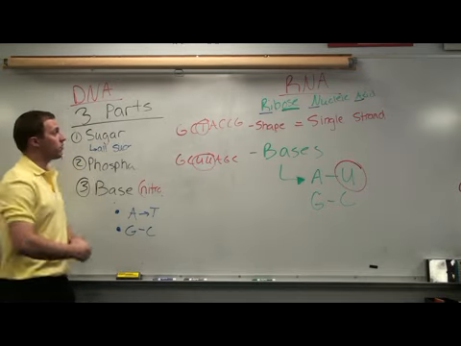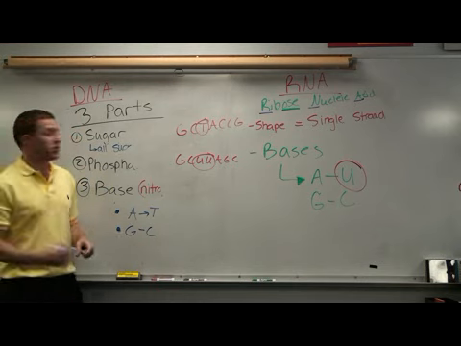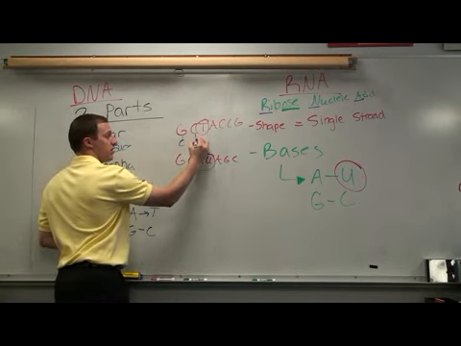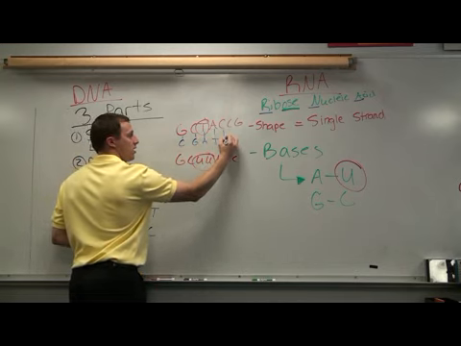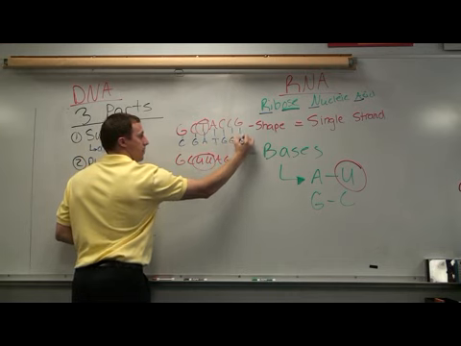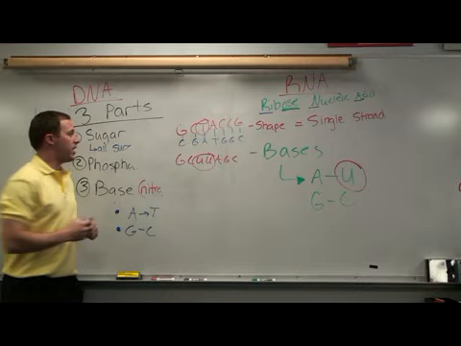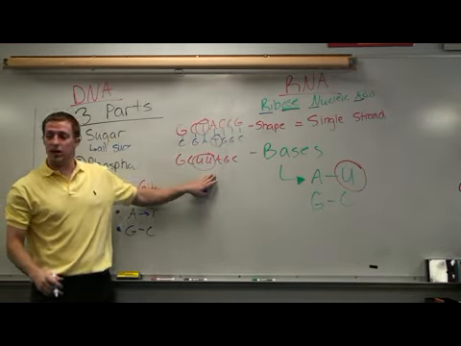And then what if they told you to write the complementary strand of the DNA? G pairs with C, C pairs with G, T pairs with A. And that's how it pairs, right? So if it has T's, it's DNA. If it has U's, it's RNA.